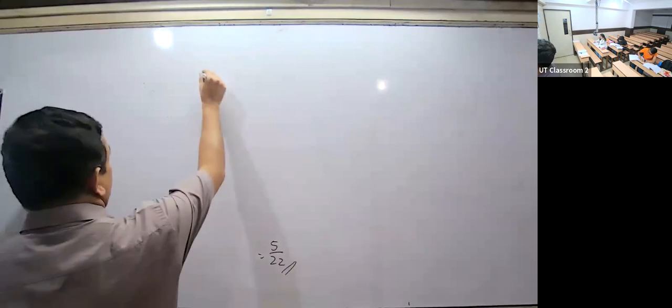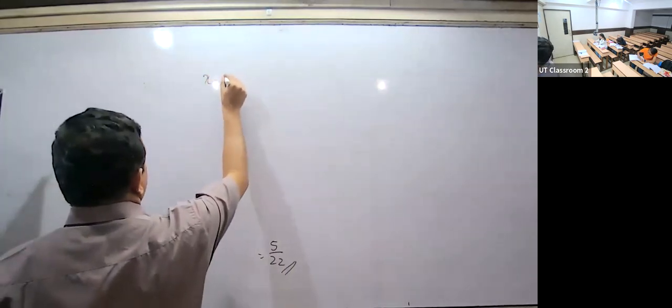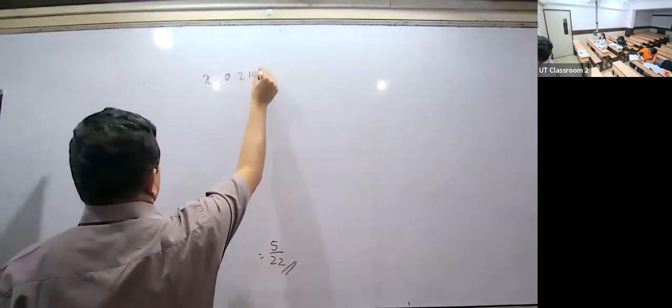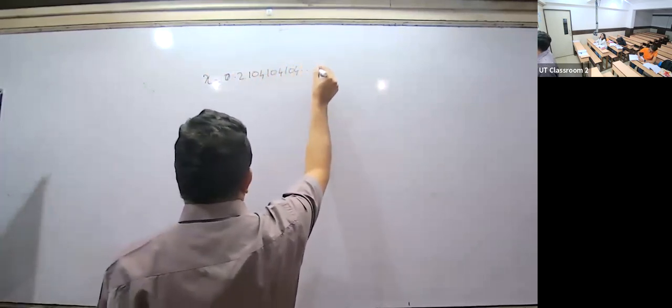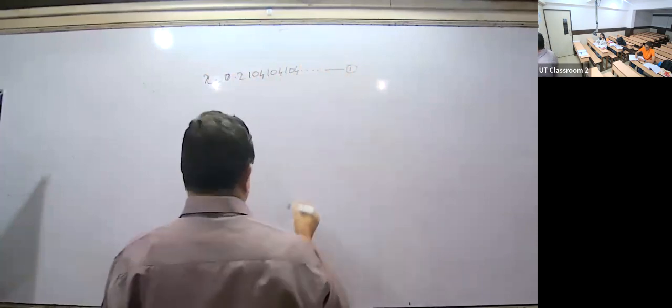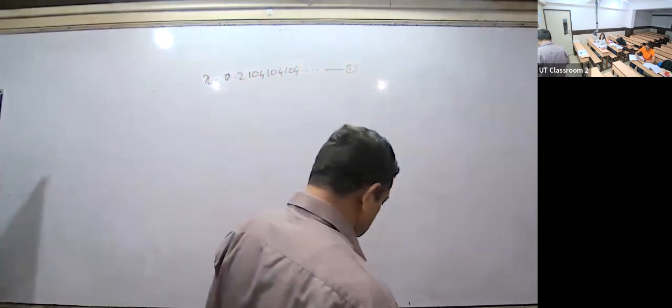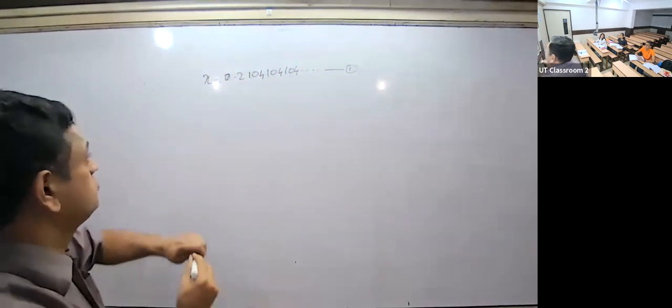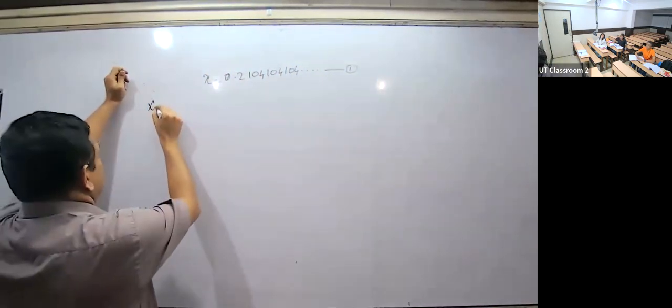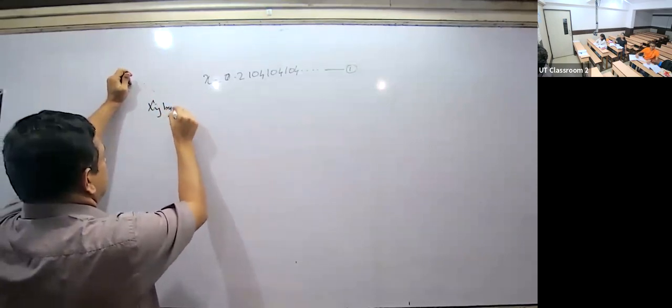So x is equal to 0.2104104, etc. This is condition 1. I got x is equal to 2102 upon 9990. So first you have to multiply by what? 10. Multiply by 10.